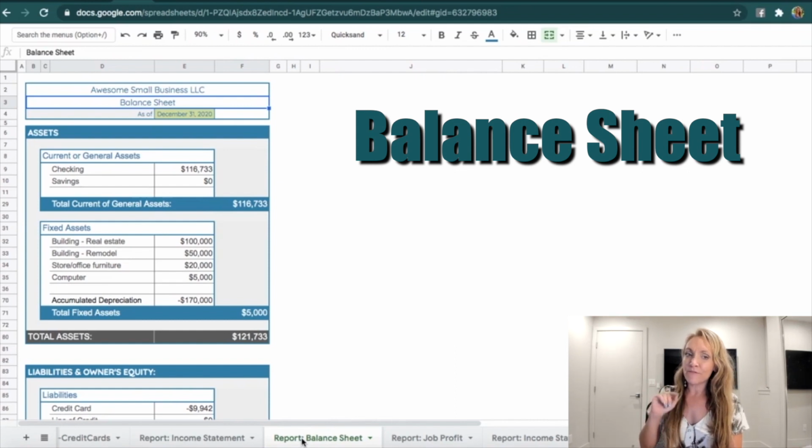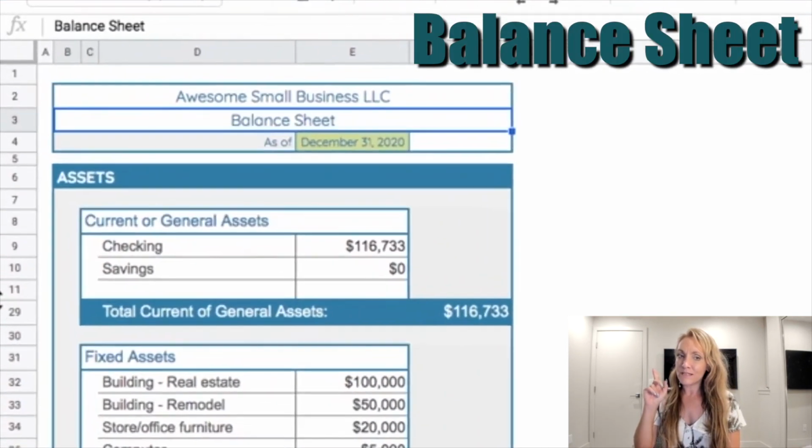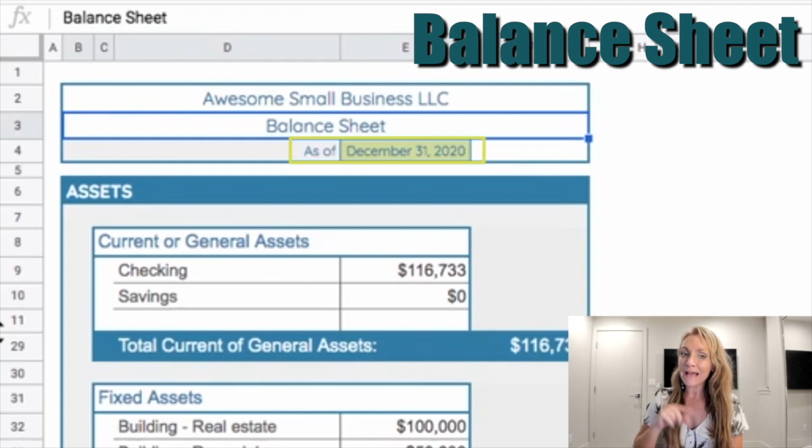The balance sheet report, if we look at that same date location, we can see as of December 31, 2020. So it's not the year ending 2020. This isn't telling us about the year. This is only telling us as of December 31st, 2020, that one day.